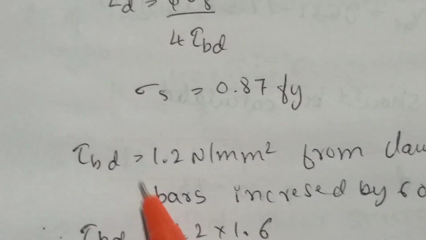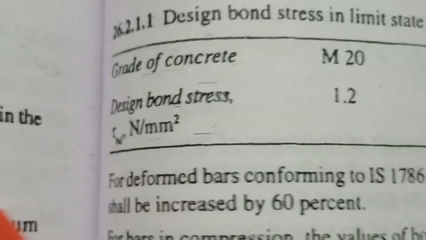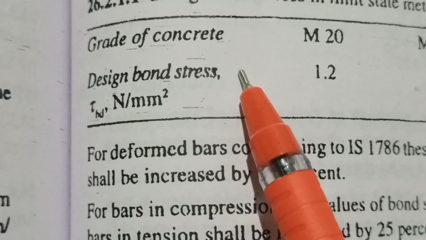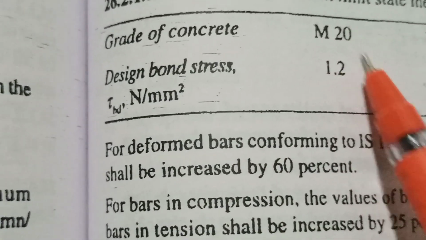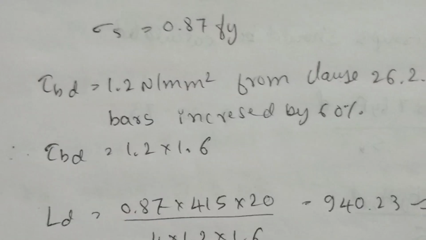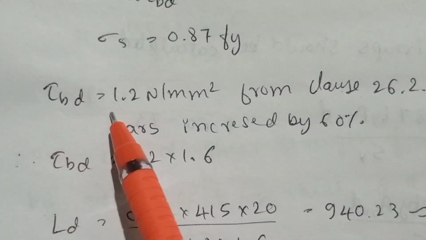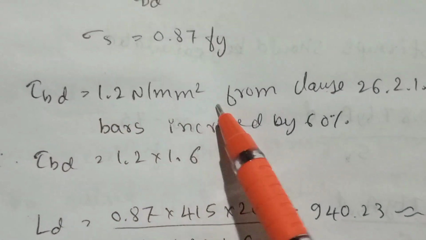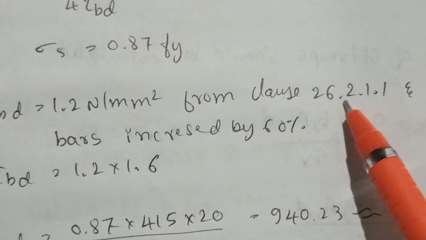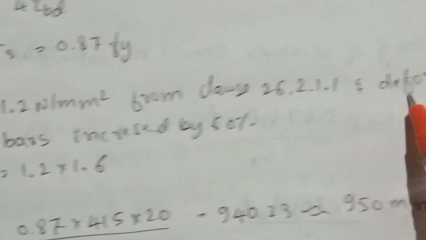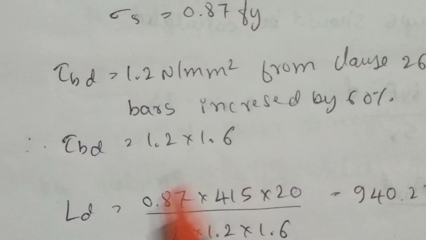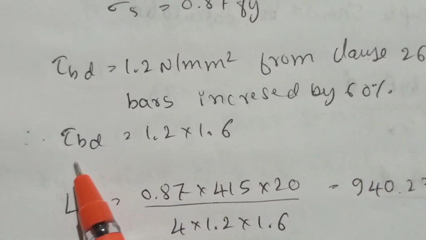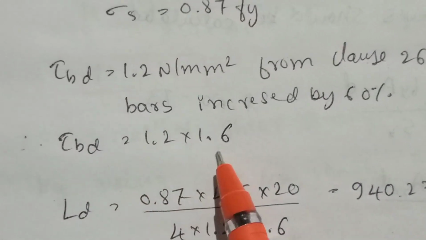The tau BD value for M20, design bond stress value, is 1.2 for our M20 concrete. So tau BD is equal to 1.2 Newton per mm square from clause 26.2.1.1, and for deformed bars increase by 60%. That is nothing but tau BD is equal to 1.2 into 1.6.